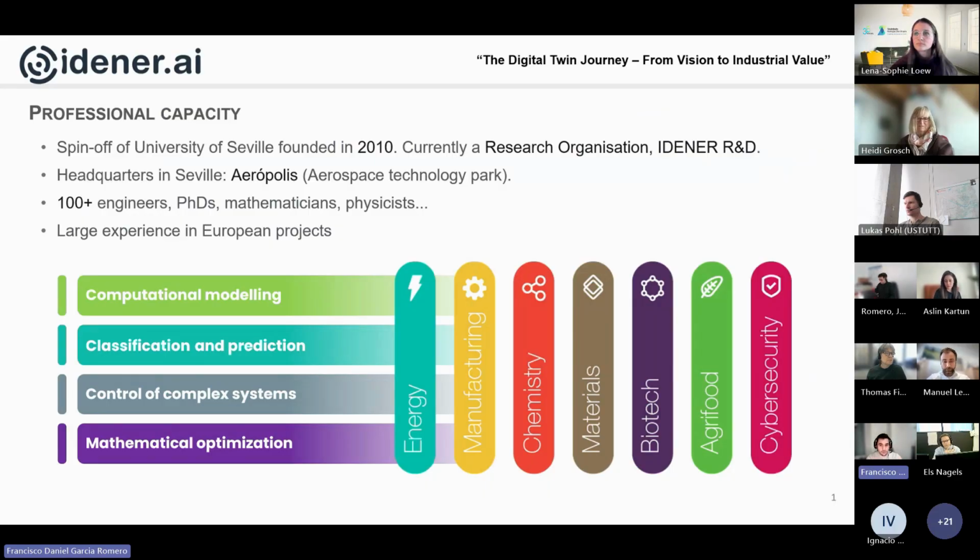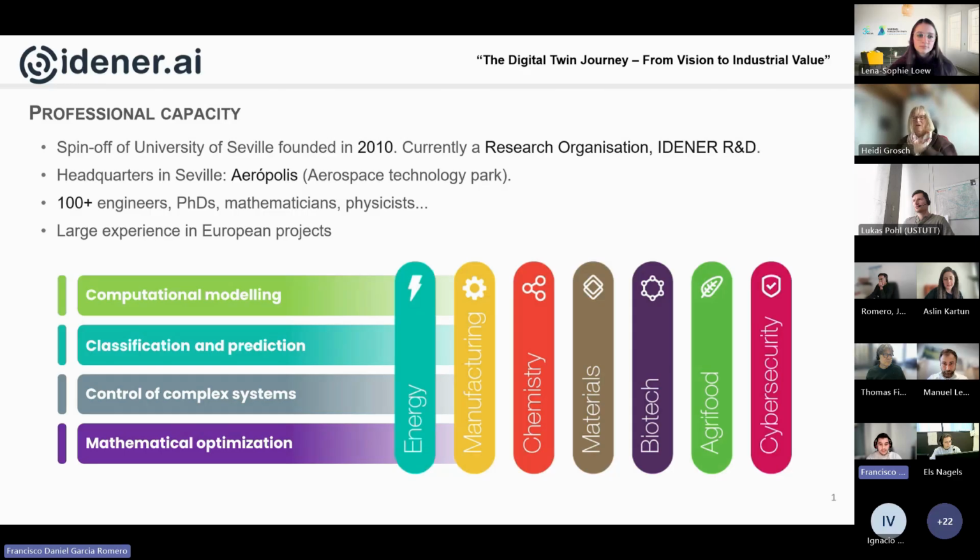We are a research organization founded in Seville. Our headquarters are there. And we are a group of engineers, scientists in general, PhDs, and so on, with large experience in European projects. And what we do is basically everything related mainly to digitalization, computational modeling, classification and prediction, control of complex systems, and mathematical optimization.